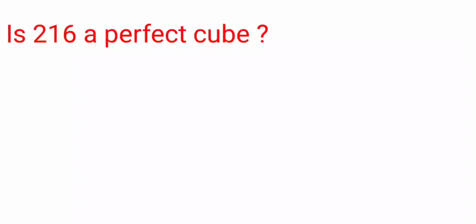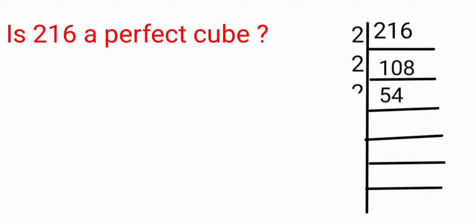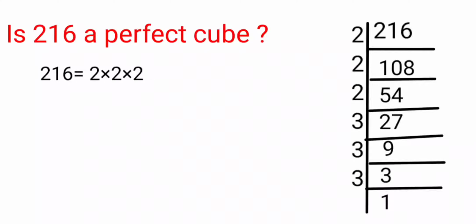So next example is, is 216 a perfect cube? First find out its factors. These are the factors of 216. 216 is equal to 2 into 2 into 2 into 3 into 3 into 3.